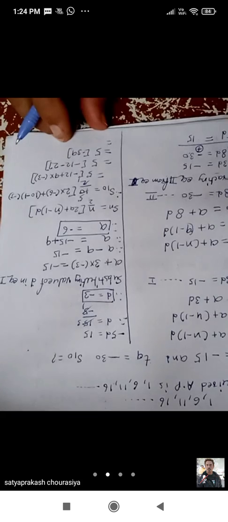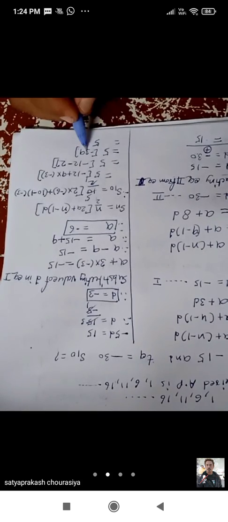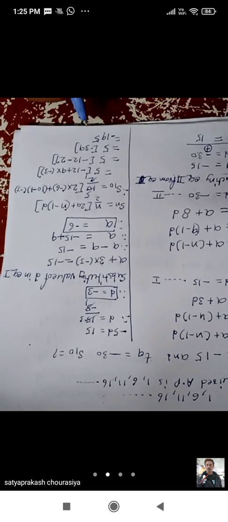Here minus 12 and minus 27 gives minus 39. Now multiply 39 by 5, 5 9s are 45, carry 4, 5 3s are 15, 15 and 4 is 19, so this equals minus 195. So the sum of the first 10 terms of this given AP is minus 195.